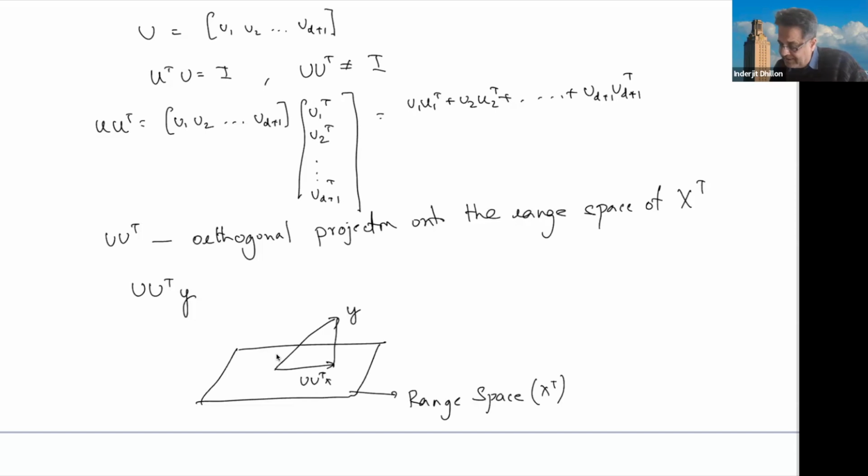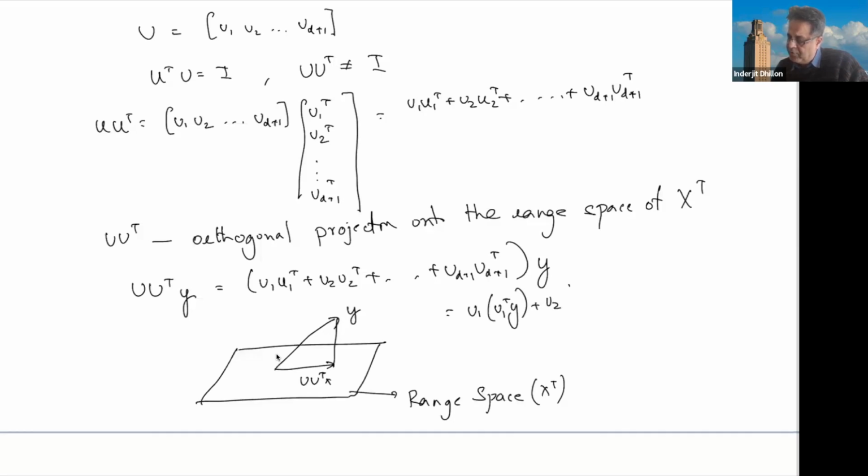Okay, and you can again see that this is U1 transpose plus U2 transpose plus UD plus 1 transpose times Y. And I can write this as U1 transpose Y plus U2 transpose Y. And remember, all these Ui's are perpendicular to each other.